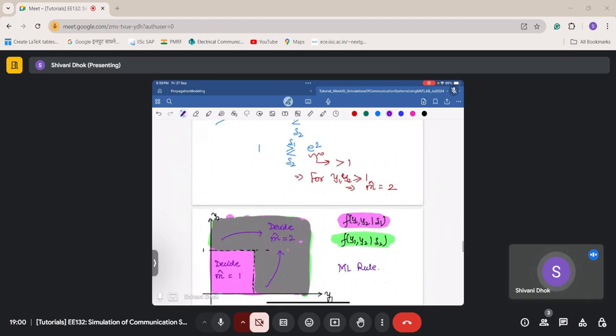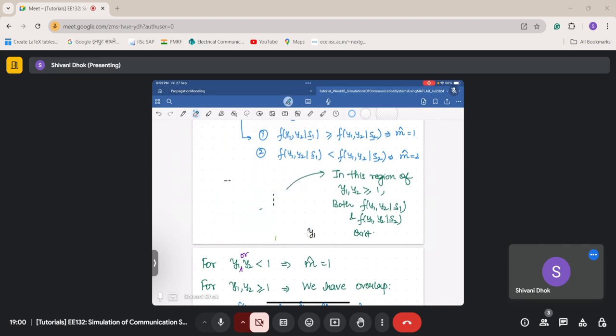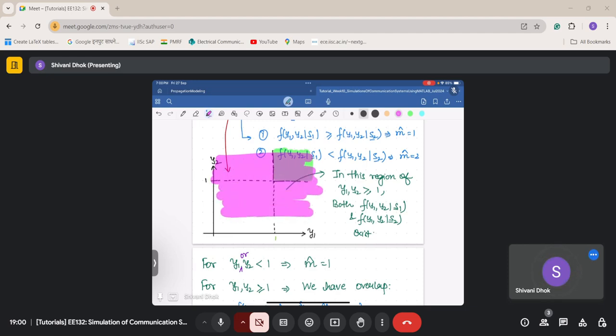One minute. I think I have made a small mistake here. So this is the region where both y1 and y2 will be more than 1, and this is the region where anything can happen.